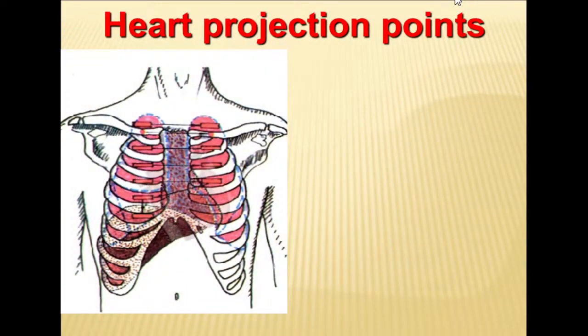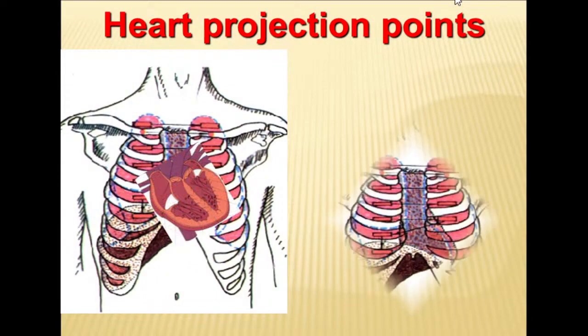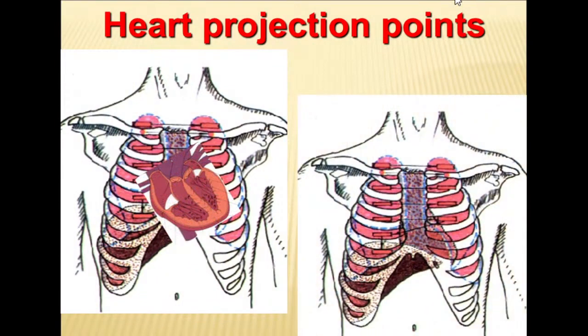To auscultate the heart, we must differentiate two positions: the true anatomic position of the heart valves, which is the projection of the heart points, and the points where these valves will be auscultated. First of all, we'll start with the anatomic position of the heart valve, from which we'll put a perpendicular on the chest.